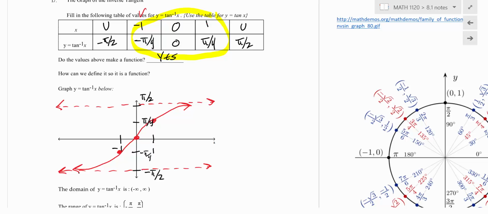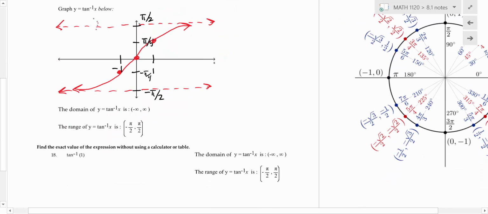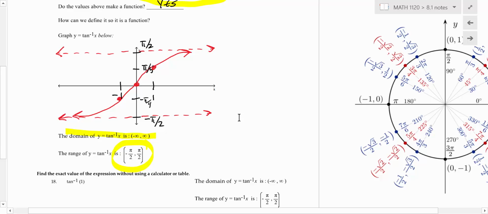No, there's an asymptote. So this is the big deal: that's the domain and that's the range. Now that range is different than the inverse sine. The inverse sine was bracket negative pi over 2 to bracket pi over 2. It includes them. So you have to pay attention to where those parentheses are. Okay, does that make sense?